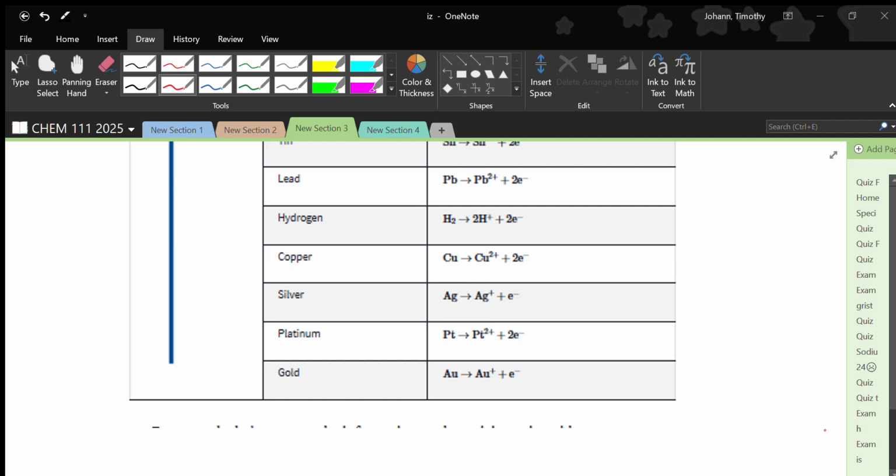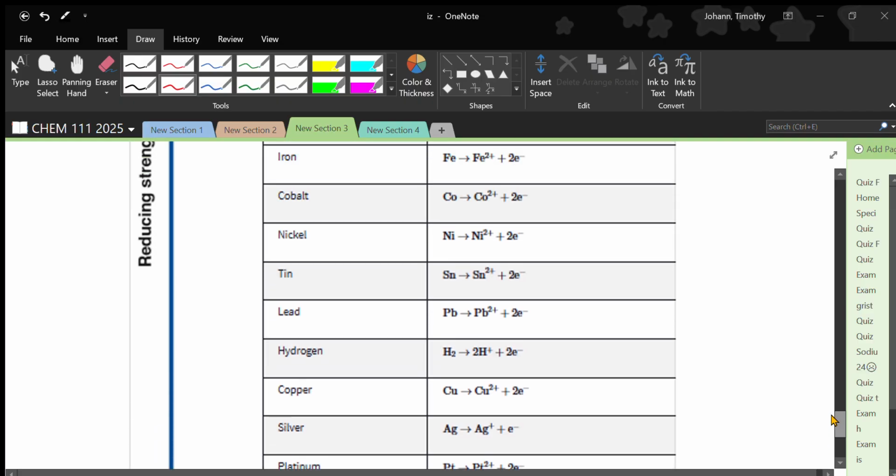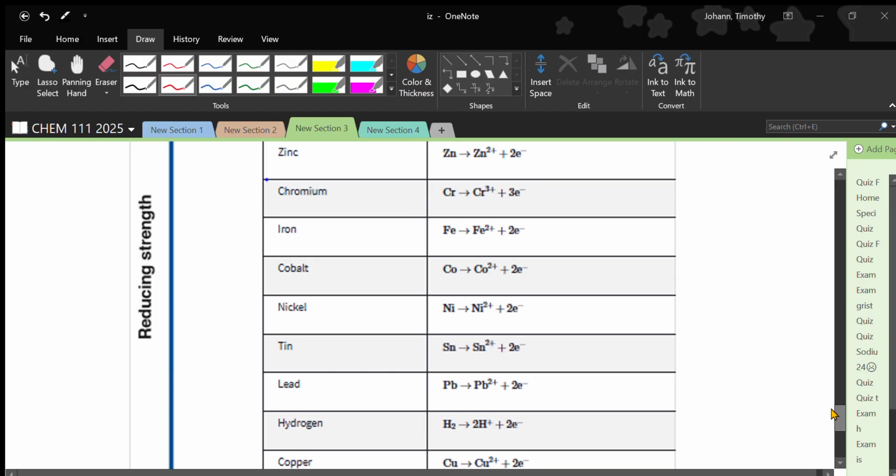When's the last time you went to a museum and saw an ancient old iron axe, or iron anything that looks good? Generally you don't see iron, and if you do, it's corroded. That's because iron is more reactive than gold or platinum. So this reactivity matters for things.